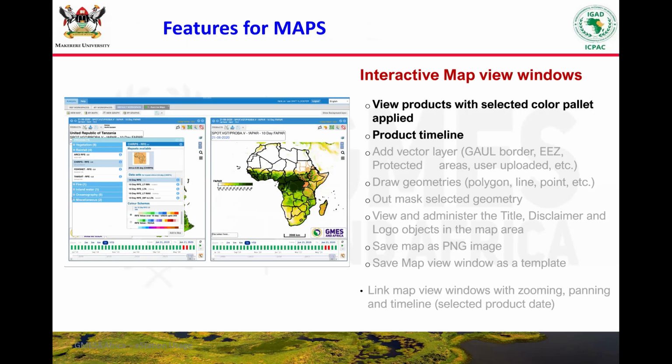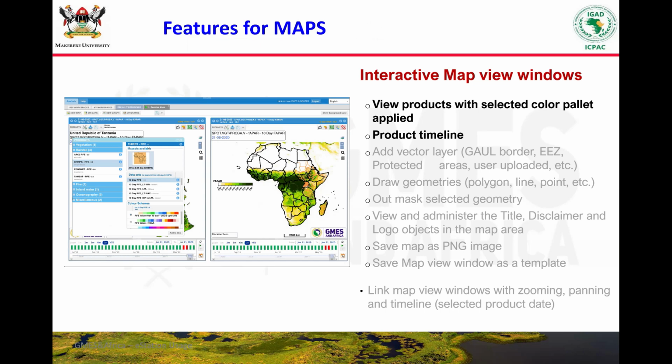So let's look at the maps. These are interactive views of our window on the GMES and Africa eStation platform. A map allows one to view products with the selected palettes if you apply them, and also you can see the product timeline.